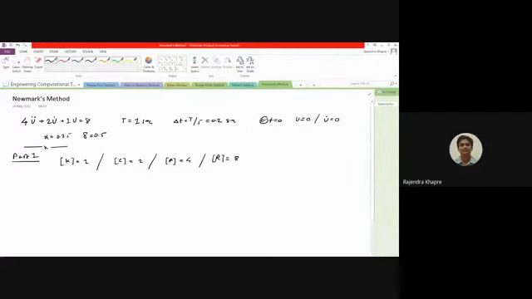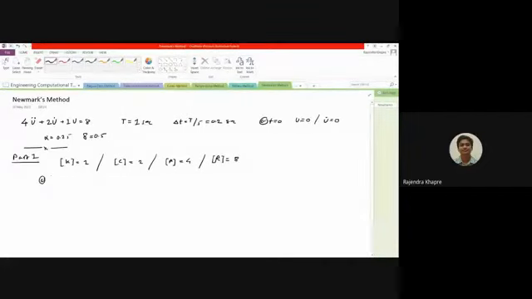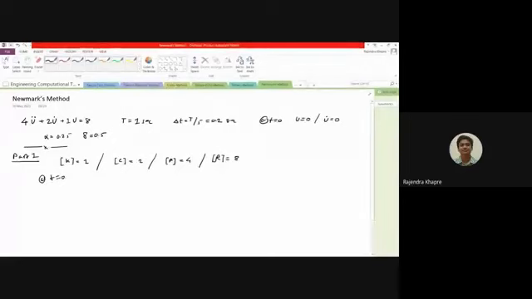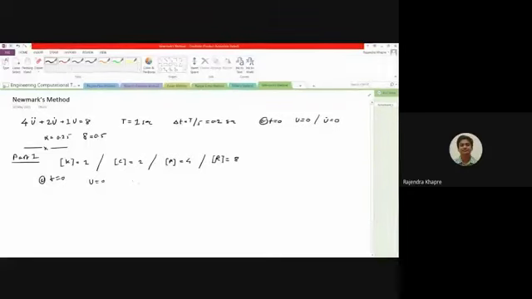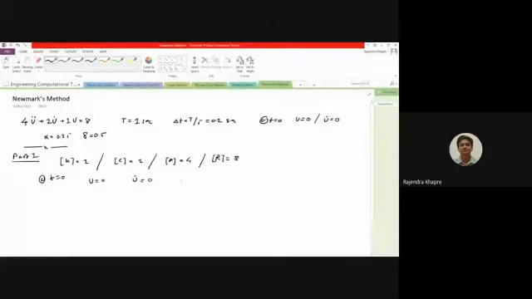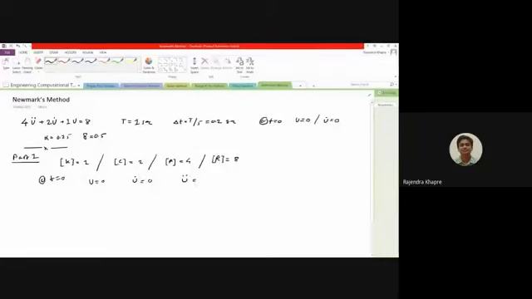So at t equal to 0, the velocity and the displacement are given. So u is 0, u dot is 0, but we don't know what is the u double dot.